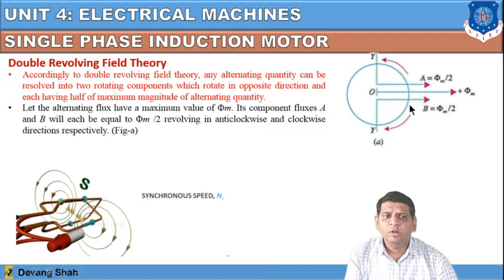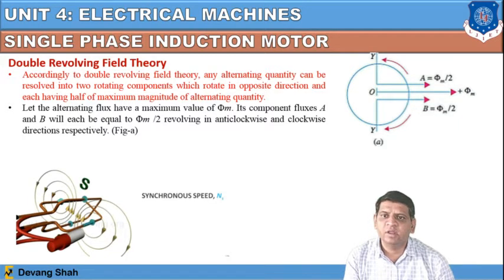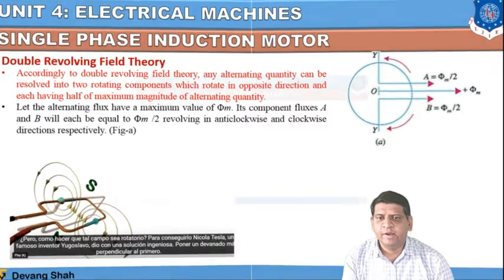Since these two vectors move in opposite directions with the same magnitude, once they reach the y-axis, the resultant flux becomes 0. So this is how it follows the alternating way. This theory is the double revolving field theory, as two vectors are moving in clockwise and anti-clockwise directions.